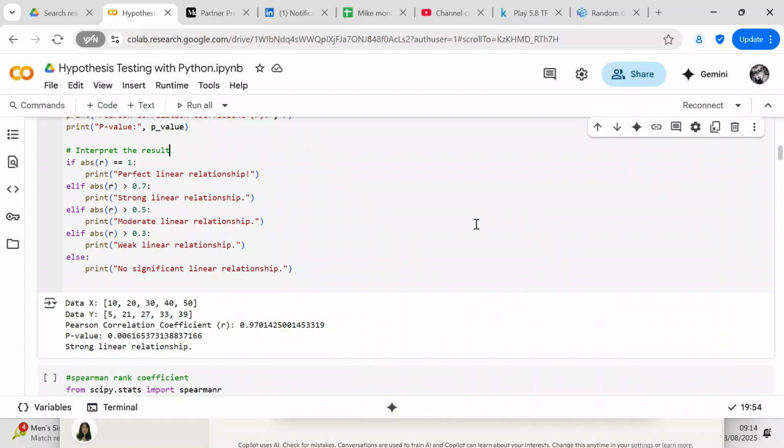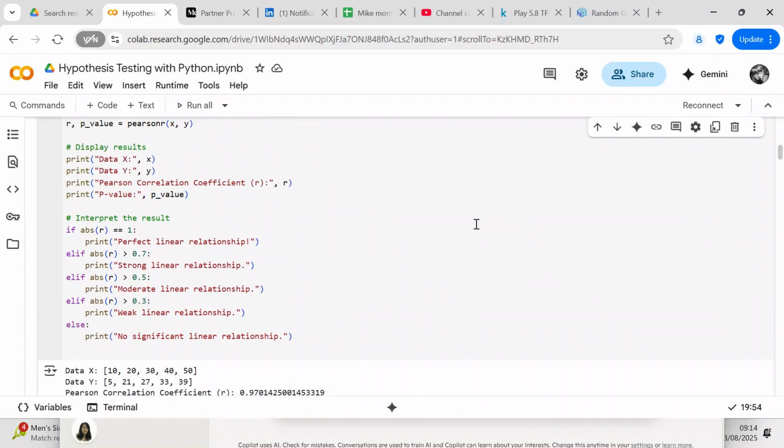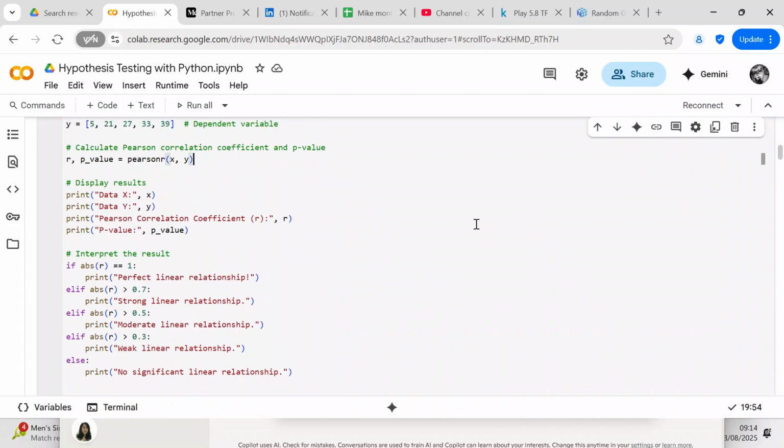So we printed the results, and then we're going to interpret the result. If abs, that's the absolute value of r, is 1, it's a perfect linear relationship. If the absolute value of r is greater than 0.7, it's a strong linear relationship, and that's what it was, because it was 0.97, so that meant it was a strong linear relationship.